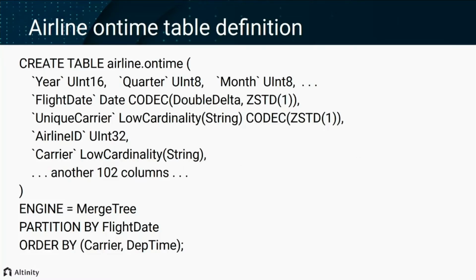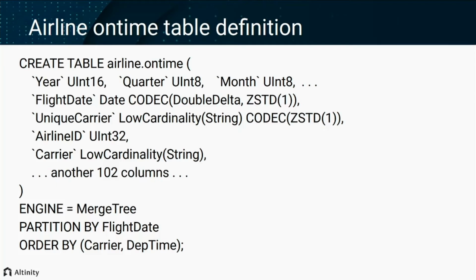What I'd like to do is just introduce a table definition. We didn't show SQL for MySQL up above, to keep things short, but we're going to show it here for ClickHouse because it's a little bit different for people who have used MySQL. You see a create table definition, and we're creating a table called ONTime in database airline. One of the things you'll notice is the data types are a little bit different.